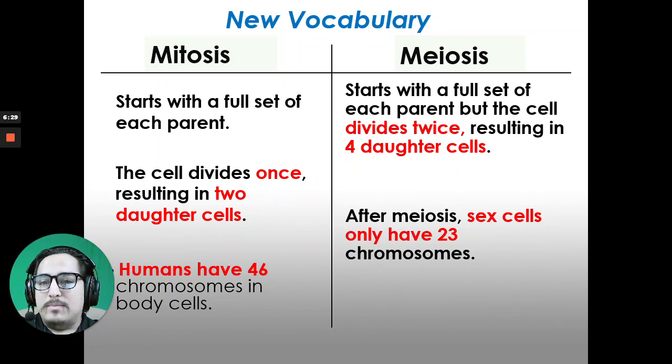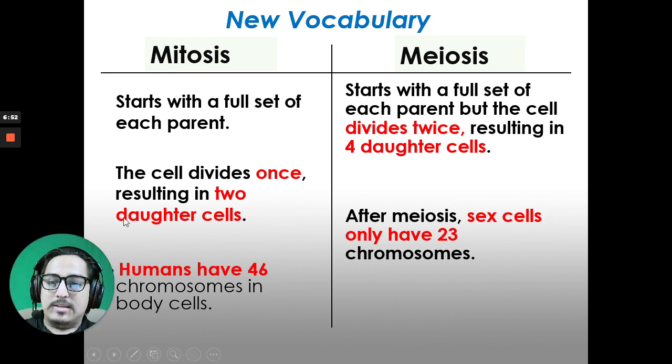Okay, something else that is important that you need to understand. For mitosis, you start with a full set from each parent. So you start with 2N, and then it's going to divide into 2. At the end, you're going to have 2 cells that each have 46 because they're copies. This one and this one are exactly the same.